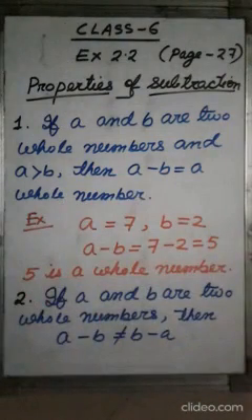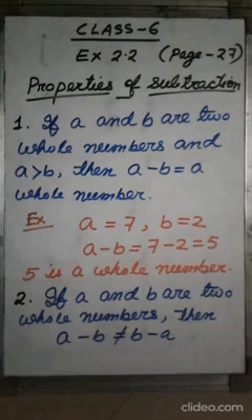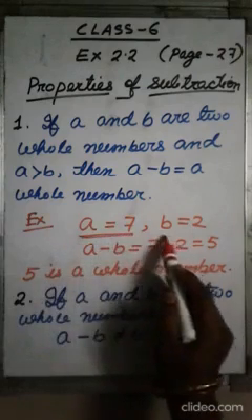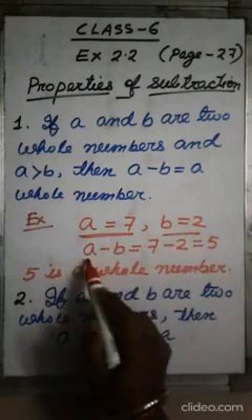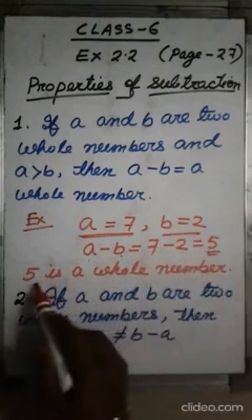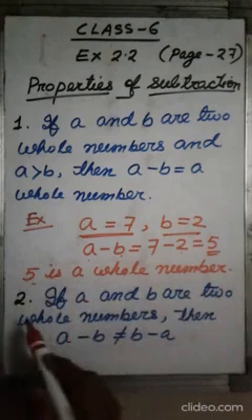So when you subtract a whole number from a whole number, the first whole number should be greater than the second whole number, then you get a whole number only. Example I have taken, A is 7, B is 2, A minus B, that means 7 minus 2 is 5. 5 is a whole number.